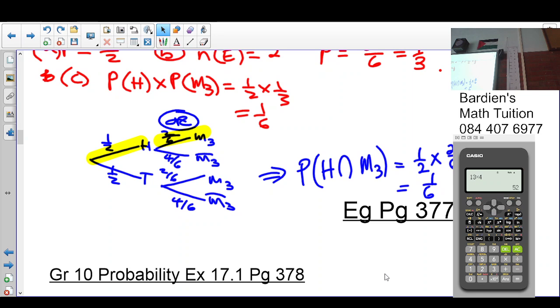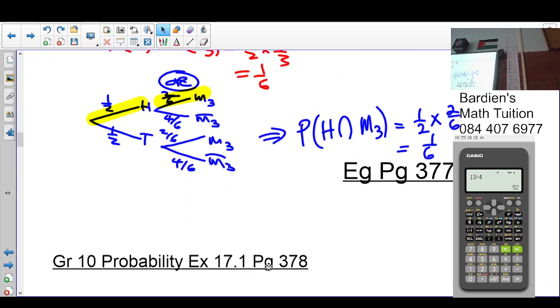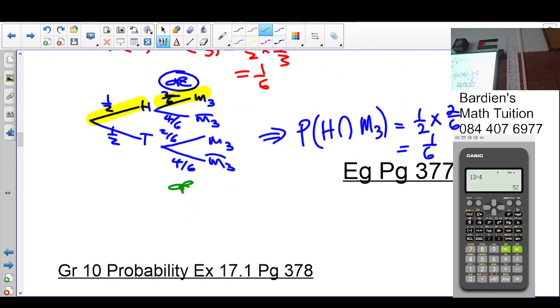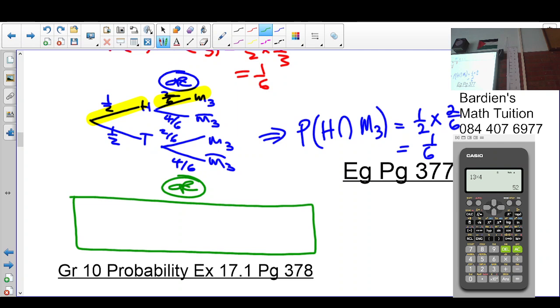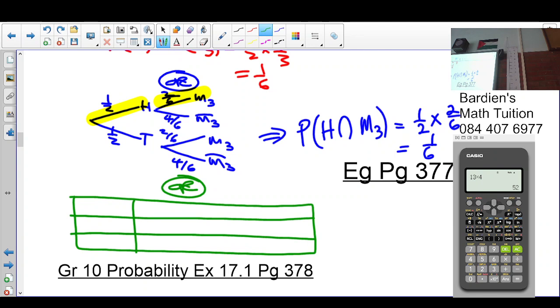People, if you draw the table, look at the table. Let's just do it. What are the outcomes? The die options are 1, 2, 3, 4, 5, and 6, and the coin, heads and tails.